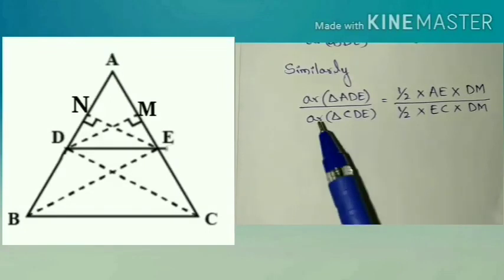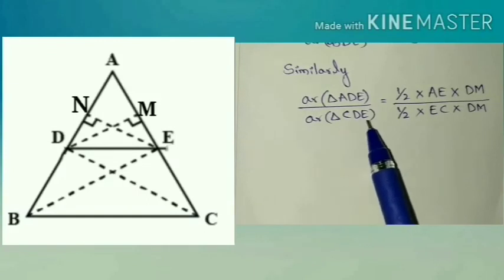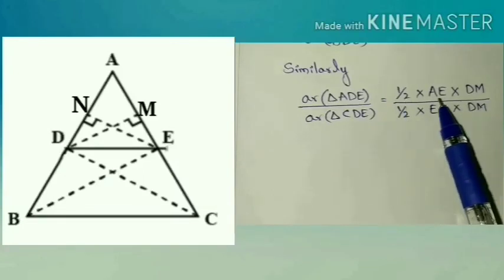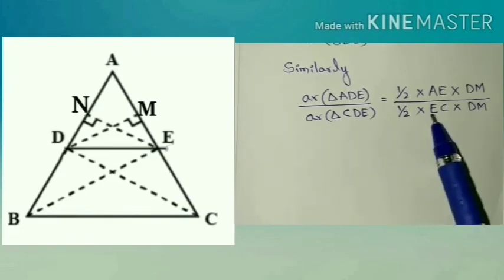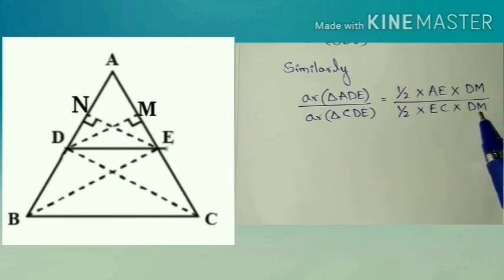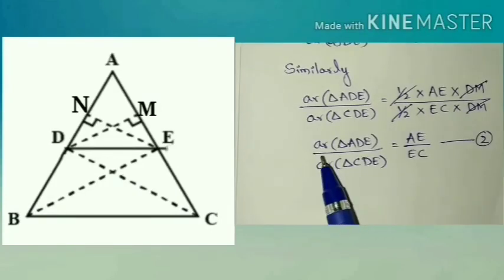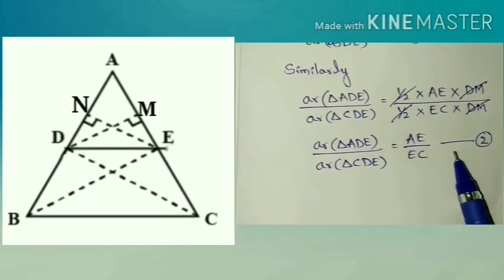Similarly, on the right side, taking the ratio of the area of triangle ADE and the area of triangle CDE, using the same half into base into height formula, in ADE the base is AE and height is DM. Similarly in triangle CDE, half into base EC and height DM. Cancelling the same terms, the ratio of area of triangle ADE to area of triangle CDE is equal to AE by EC. Take it as equation number 2.